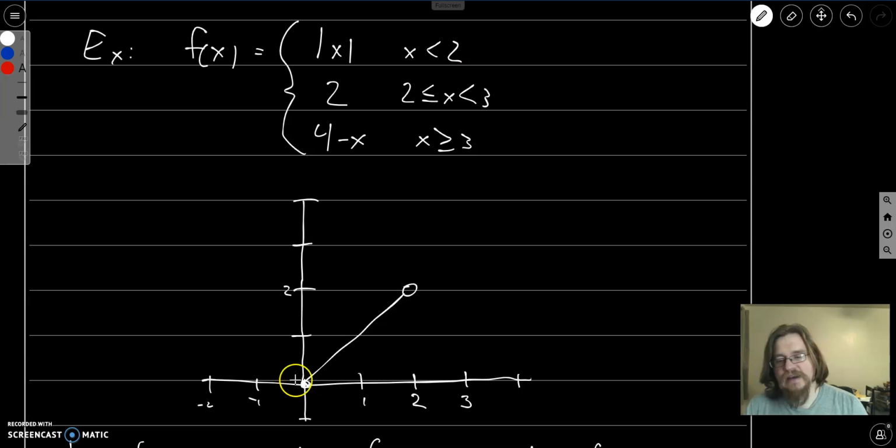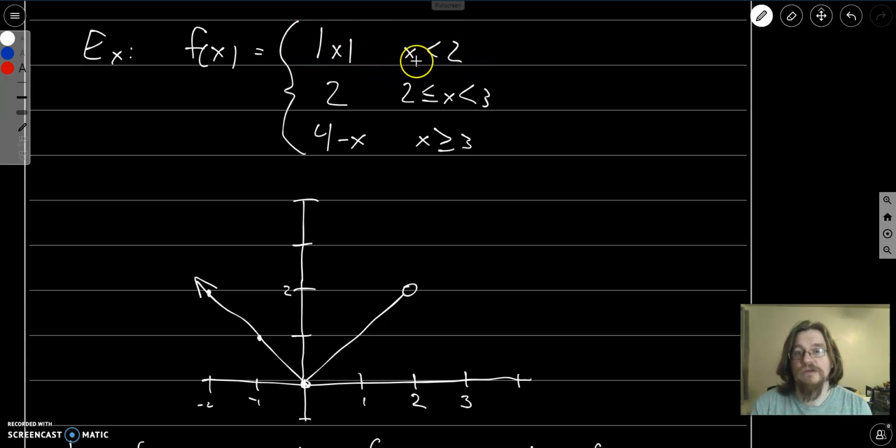When we start to look at negative numbers, the negative number will become a positive number. So for instance, the absolute value of negative 1 is 1, the absolute value of negative 2 is 2, so we just get this line right here. So this should just be a V. But we have an open circle here because this part of the function only extends up to 2, but not including 2.